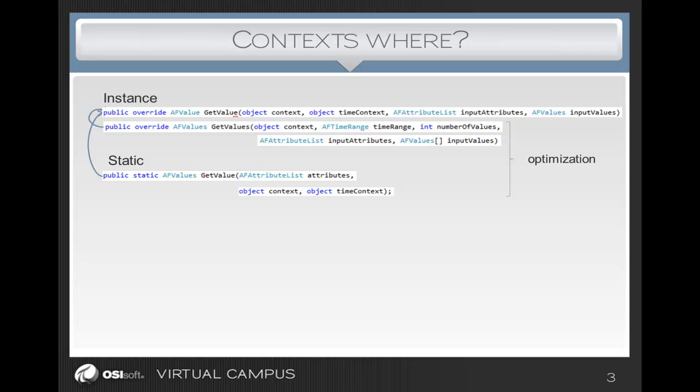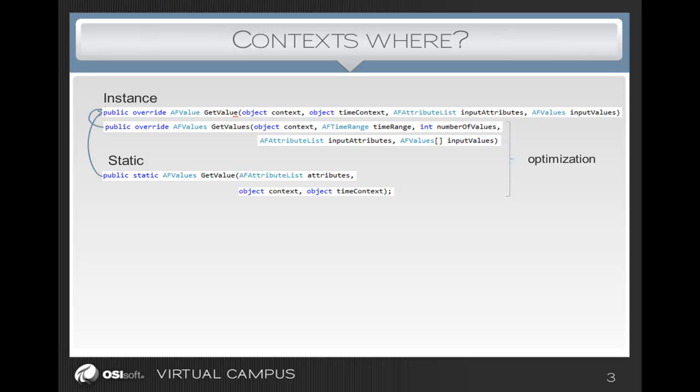This is also an instance method that you can override from AF data reference, and this method is used to get multiple values. Another one is the static GetValue method, and this method is used to get values from several attributes that implement your AF data reference.